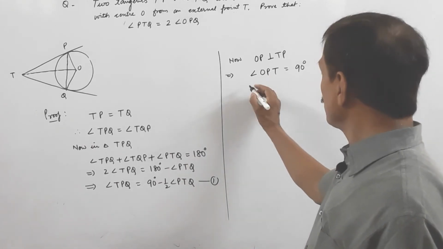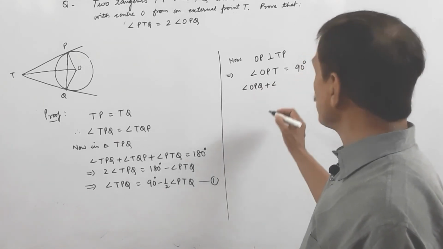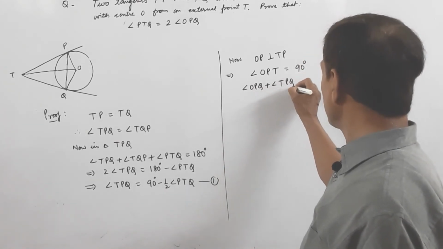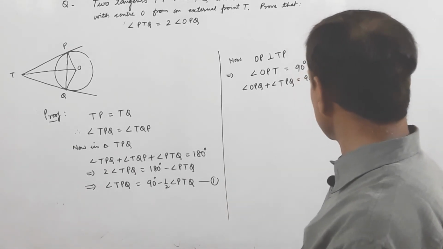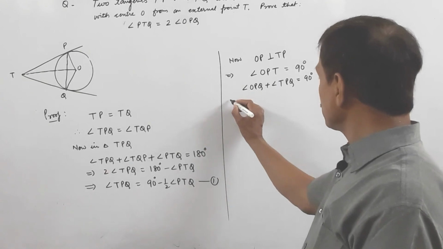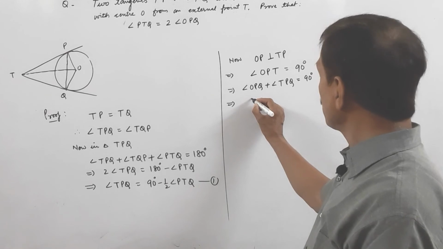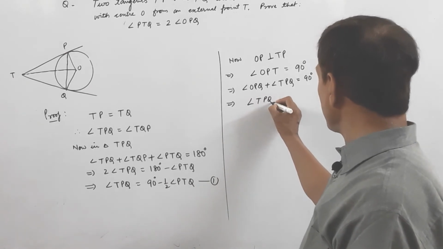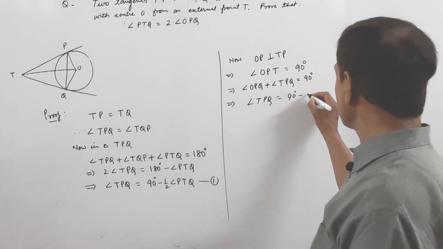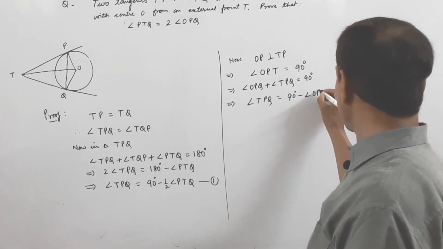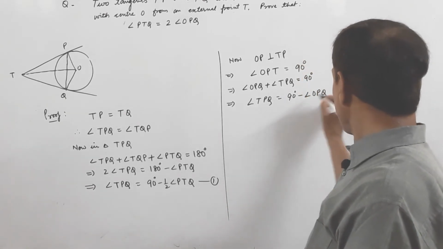OPT is equal to angle OPQ plus angle TPQ is equal to 90 degree. It implies angle TPQ is equal to 90 degree minus angle OPQ.